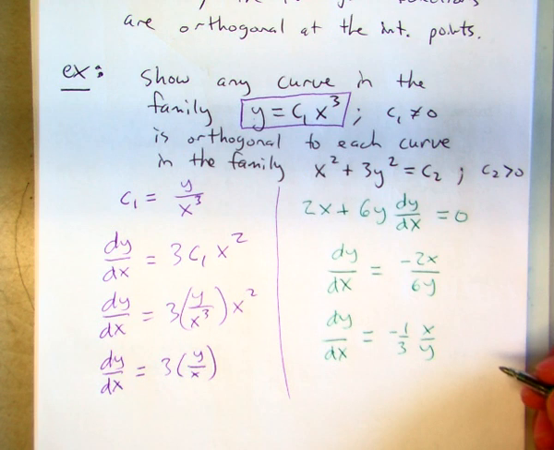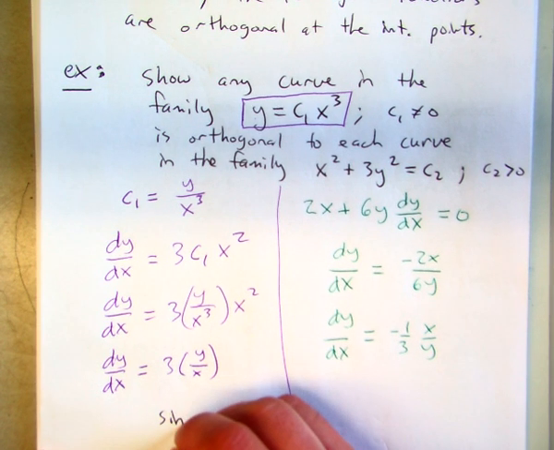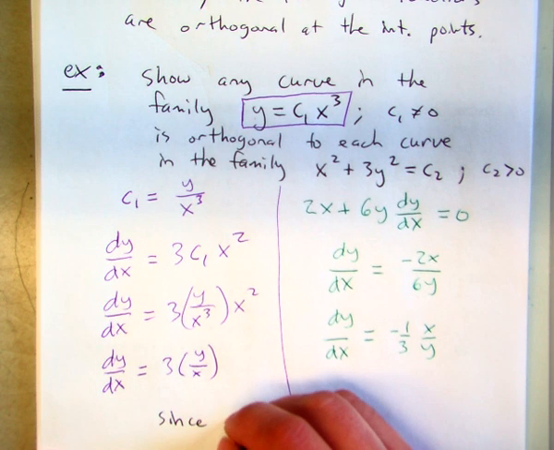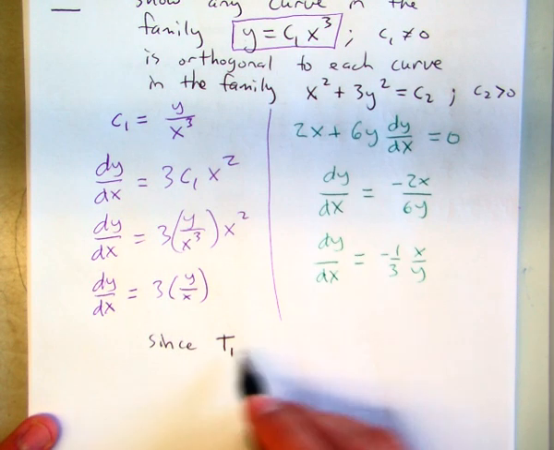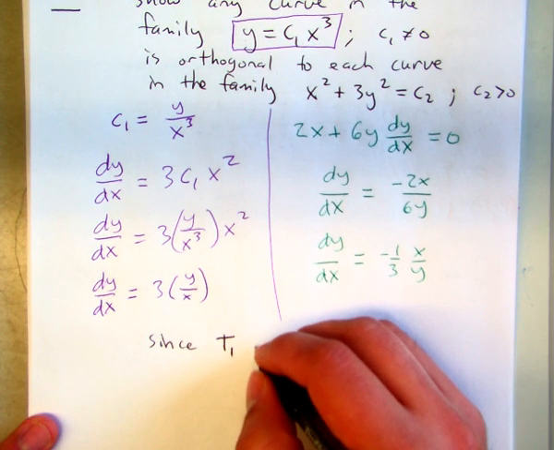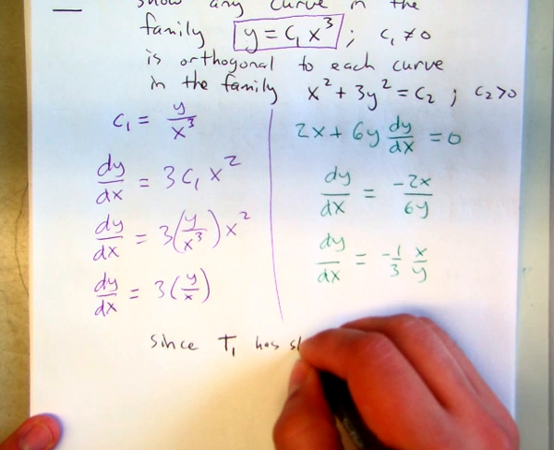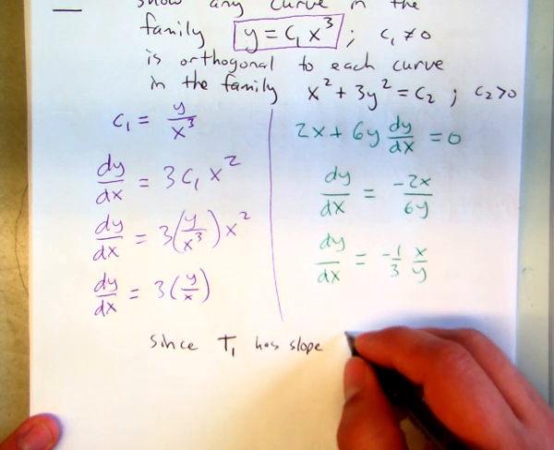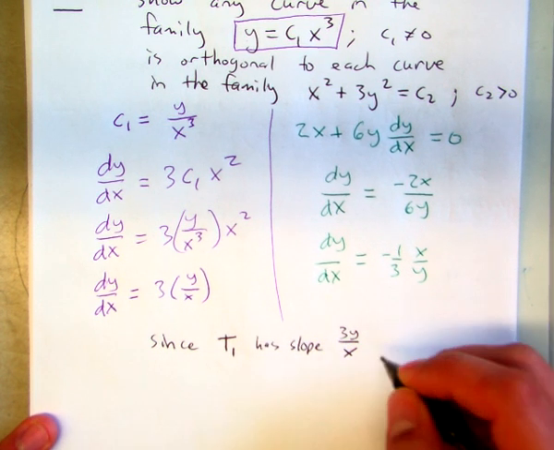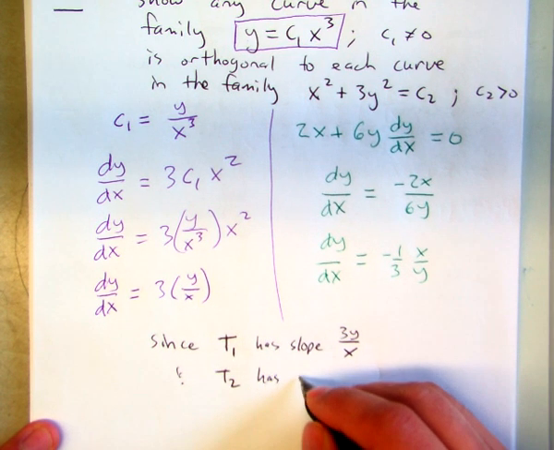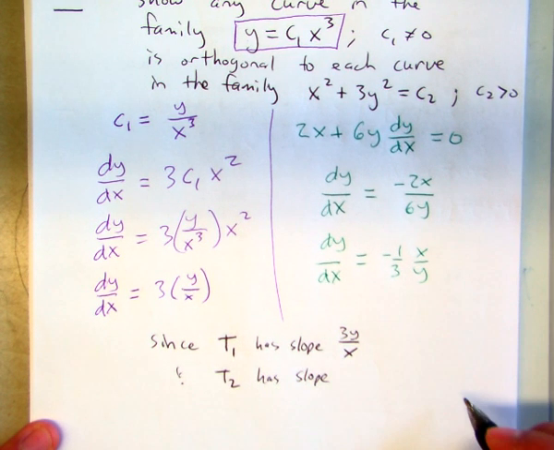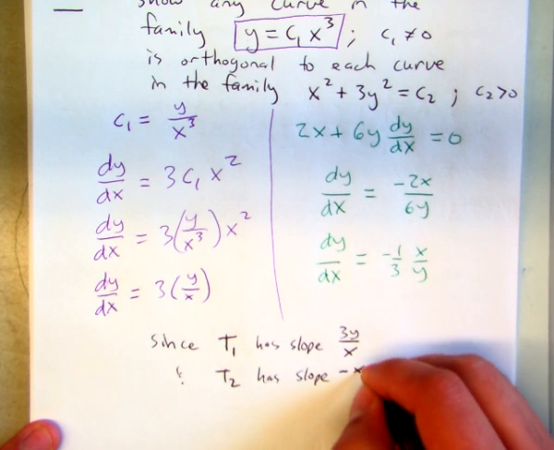Okay. So now, the tangent lines, I'll call them T1, all the T1s for the purple functions have slope 3y over x, and the second family's tangent lines, T2, will have slope of minus x over 3y.